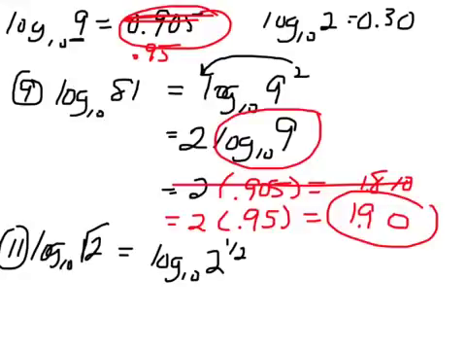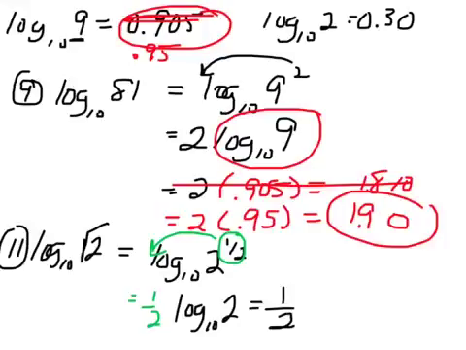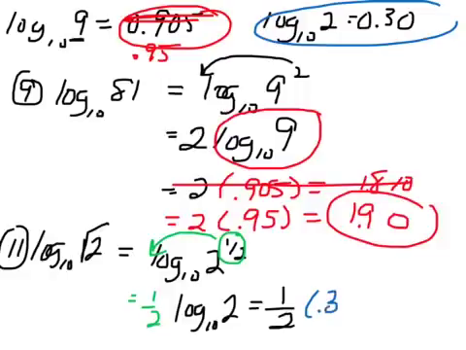And now that you've got this exponent here, remember you can drop it out front, and that would become 1/2 times log 10 of 2. But if you remember, we know what log 10 of 2 is. They gave it to us right up here. It is 0.30. All I have to do is say, what's 1/2 of 0.30? Oh, that's 0.15. So that's what you're doing there.